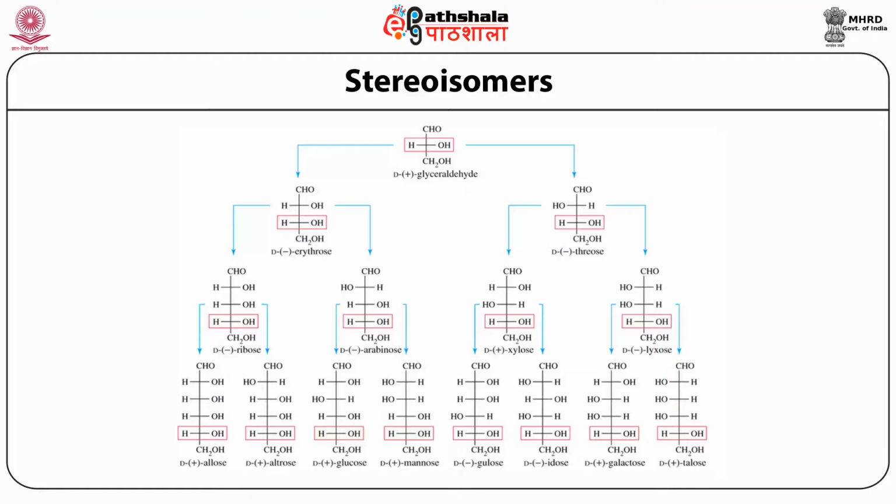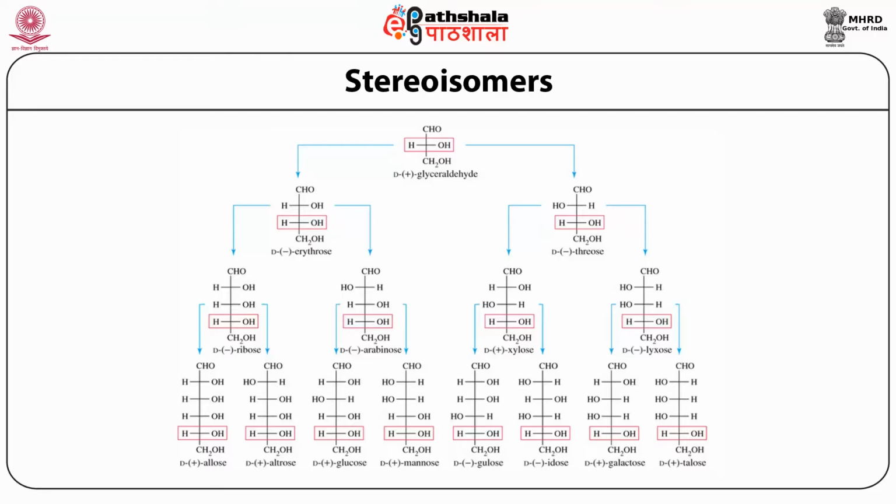Therefore, there are only 2 stereoisomers: one is D-glyceraldehyde and another is L-glyceraldehyde. Whereas in tetroses, there are 2 chiral carbon atoms. Therefore, they have 4 stereoisomers. And in pentoses, the number of chiral atoms is 3, which gives 8 stereoisomers, 4 in D series and 4 in L series.